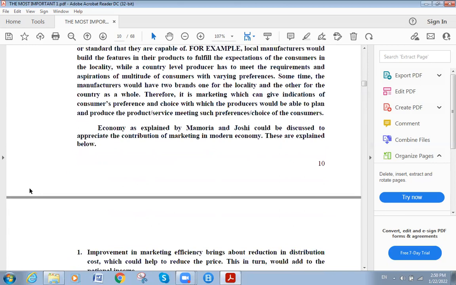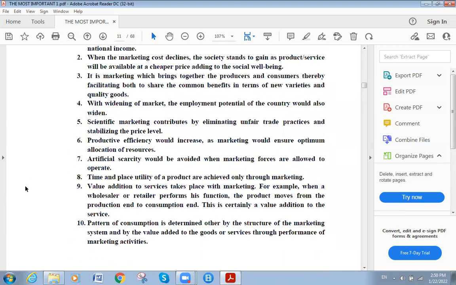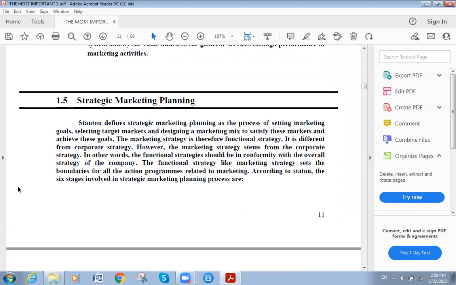That was some of the points which are examples for the role of marketing.